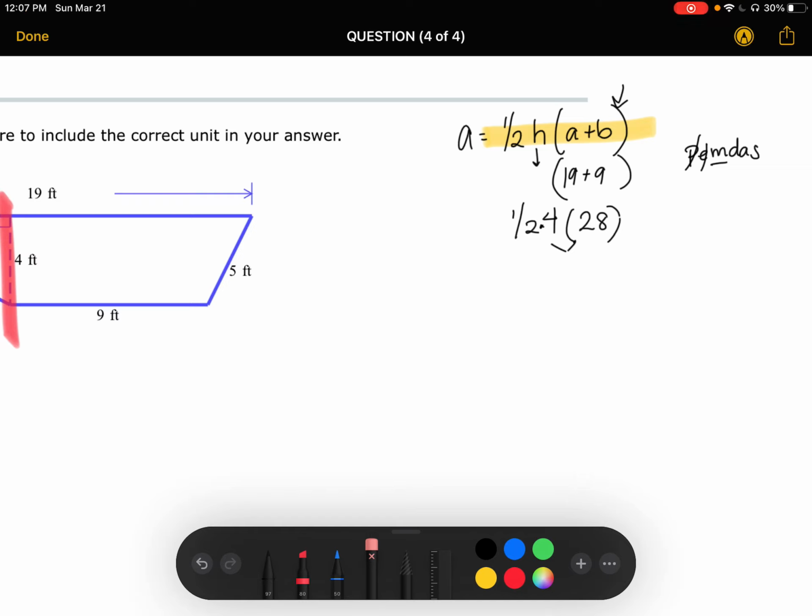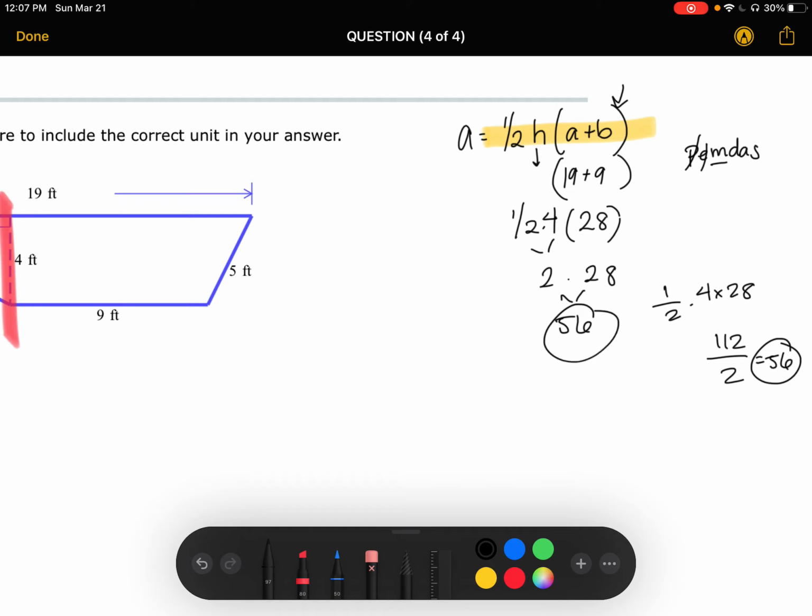So it doesn't really matter if you want to multiply 1/2 times 4, that's 2, and then do 28. Or if you want to multiply 4 times 28 and then multiply that by half, you're going to get the same answer. So 28 times 2 is 56. And then 4 times 28 is 112, and that divided by 2 is also 56. So it doesn't matter which way you want to do it.